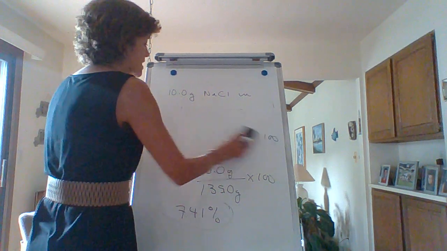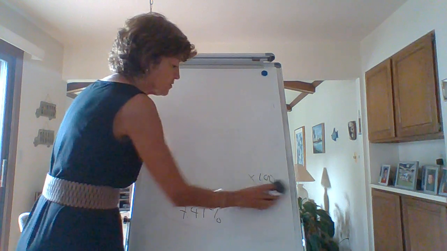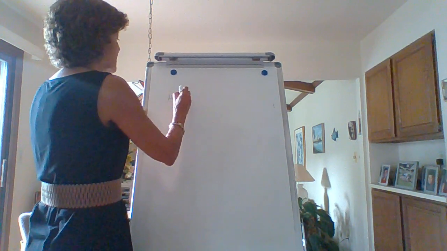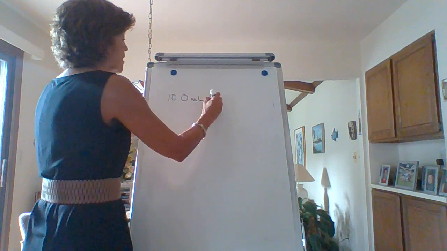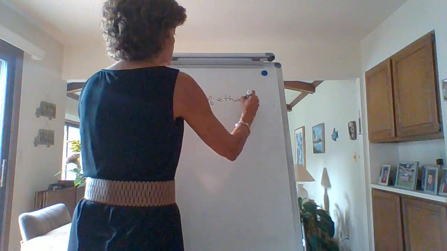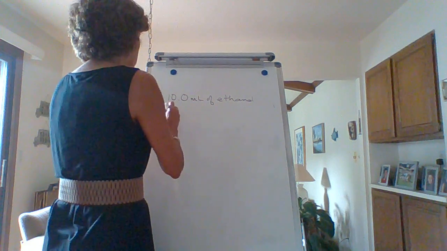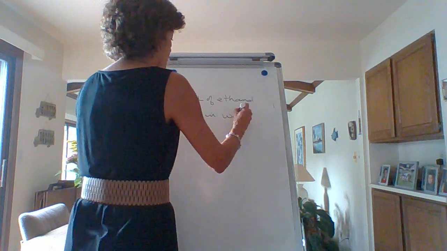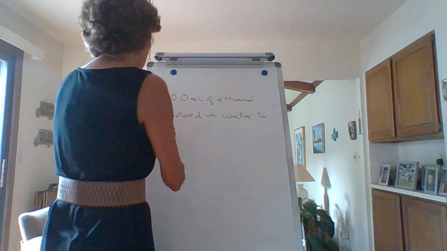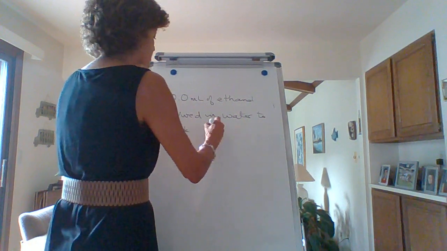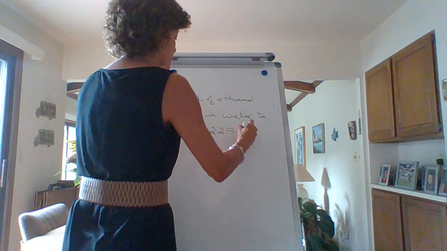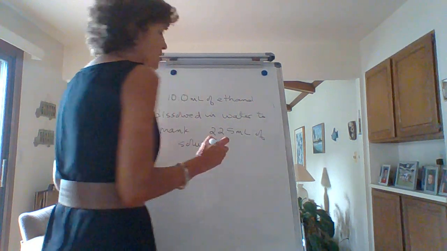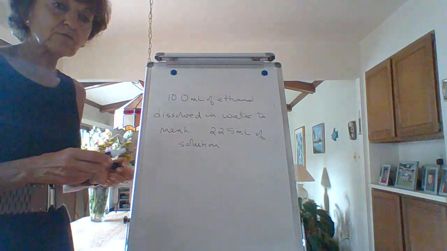Okay, to do percent by volume is also pretty straightforward. Let's say you had 10 milliliters of ethanol dissolved in water to make 225 mils of solution. So notice here they didn't give me information about the amount of solvent.